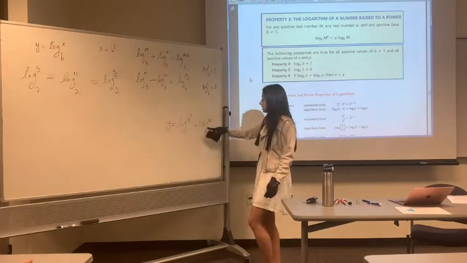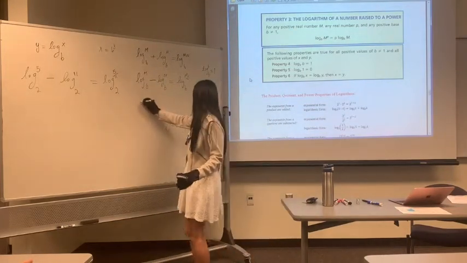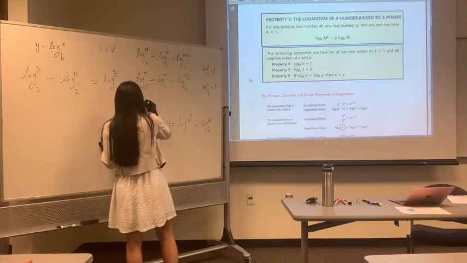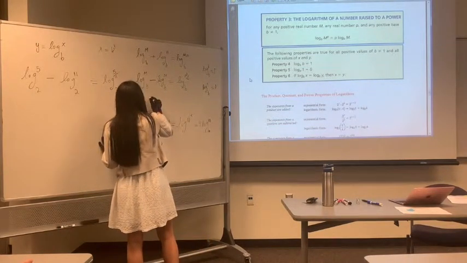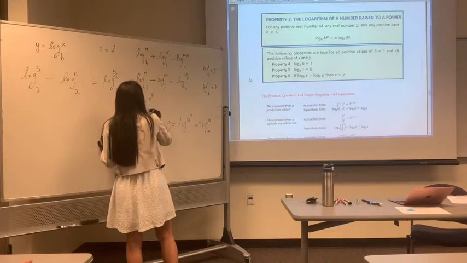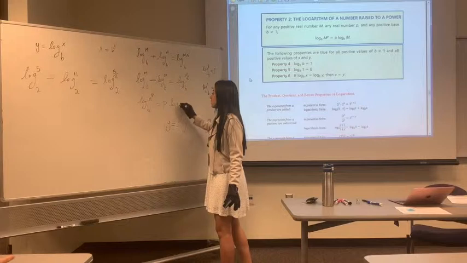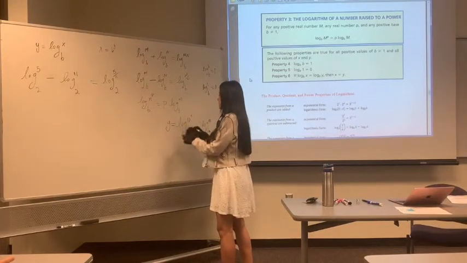So this one, let me write it down as a rule: log of m to the power p, base b, equals p multiplied by the log of m, base b.